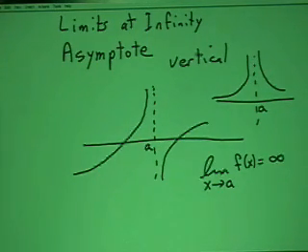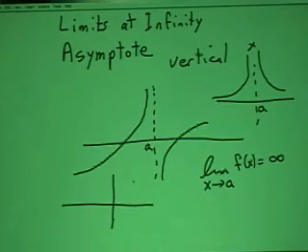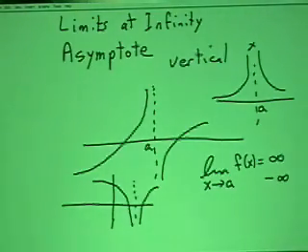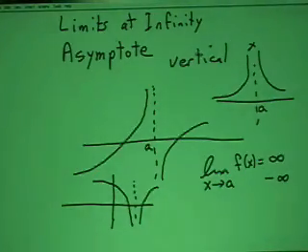So in this case it would be plus infinity right here, and if you had an example like this one, your function might come down like this, and then your limit as x approaches a would be minus infinity. So we've already talked about that. That's not the issue of what we call limits at infinity.